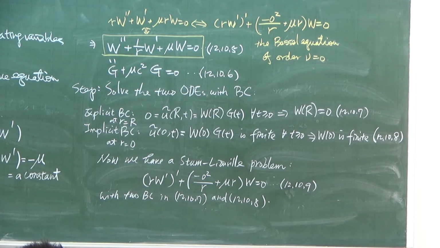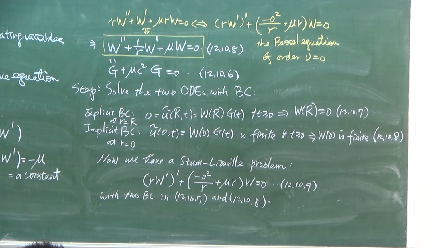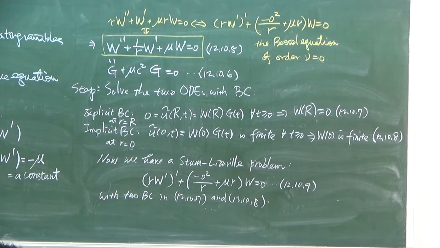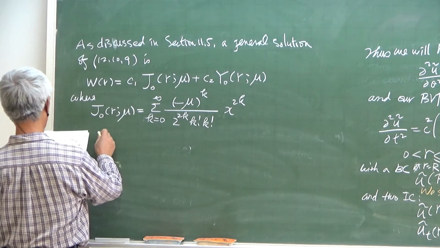So W(R) is equal to C1 J0(R sqrt(mu)) plus C2 Y0(R sqrt(mu)), where J0 is expressed by a power series, the sum of (-mu)^k over 2 to the 2k, k factorial squared, times R to the 2k. So this is J0.